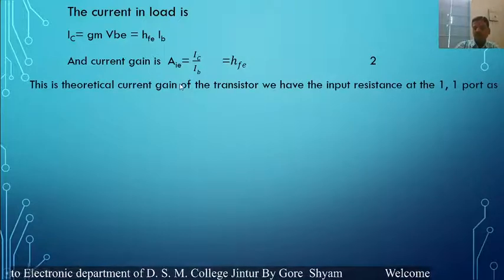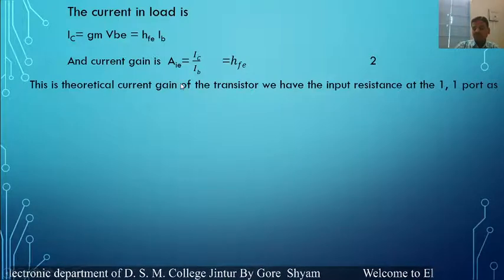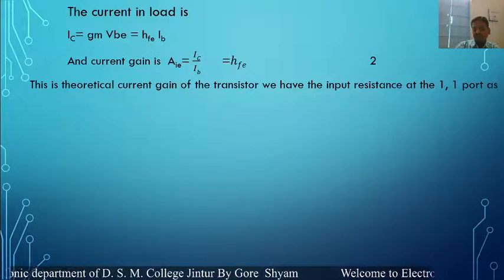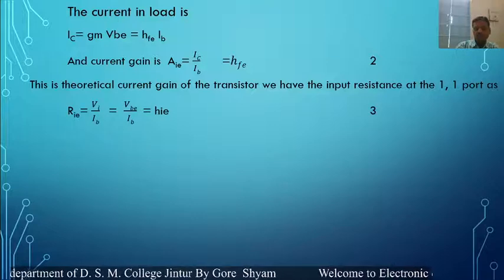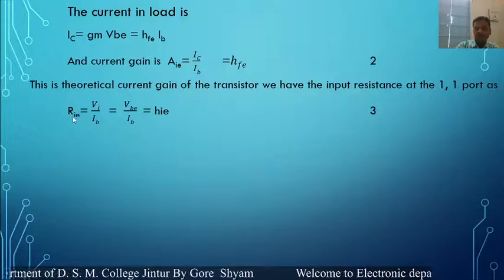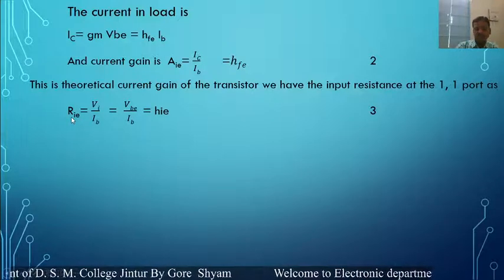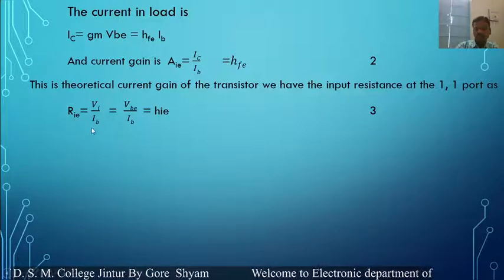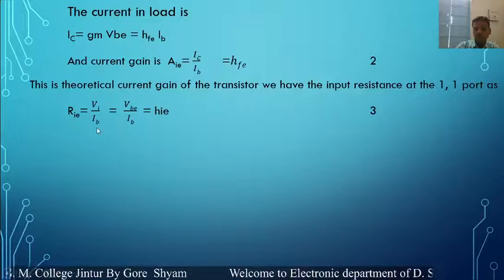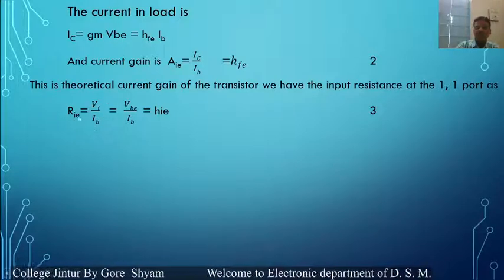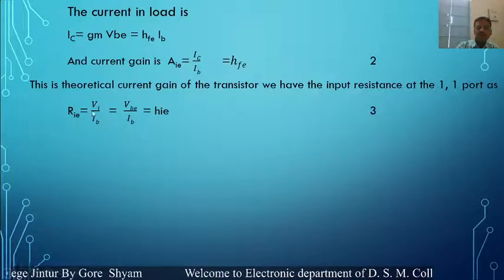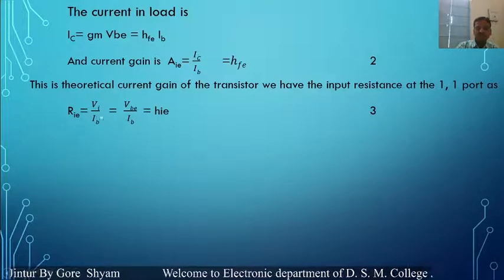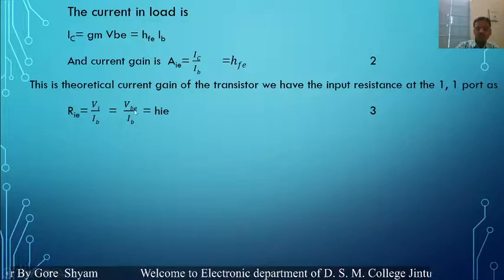We have input resistance at terminal 1, and the input resistance is RIE, which is equal to VI divided by IB. Resistance is equal to voltage divided by current. The input voltage is VI and input current is IB, and here VI is equal to VBE.